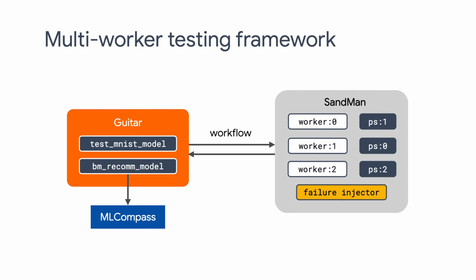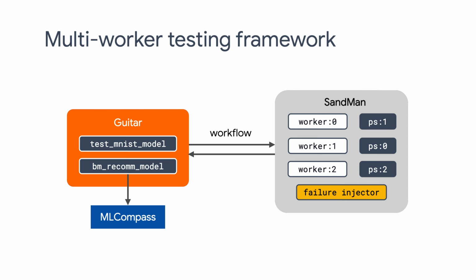And then we just directly jumped into the users' models to debug those problems. This was not a very productive setup. So the goal of this framework is to continuously monitor the fault tolerance and performance of PS strategy on a set of standardized models and serve as a first line of defense for any potential breakages or regressions.